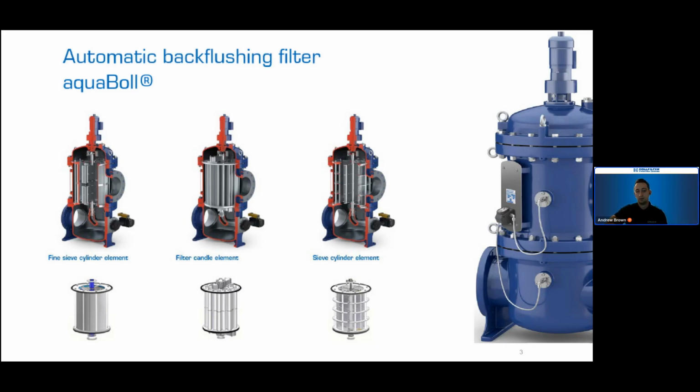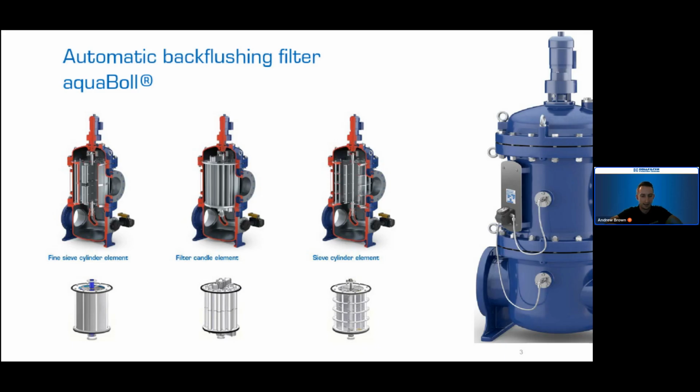So there's three main elements. This aqua bowl that I'm showing you here, this is our latest design iteration of the automatic filter. This was released, I think, in around 2018, something like that. I don't know off the top of my head how many we've supplied, but like I say, probably the majority of those 2,700 that we've supplied in the last 20 odd years, they're fundamentally the same design.